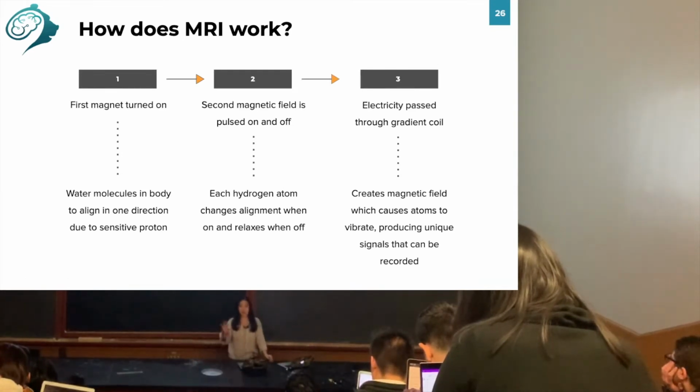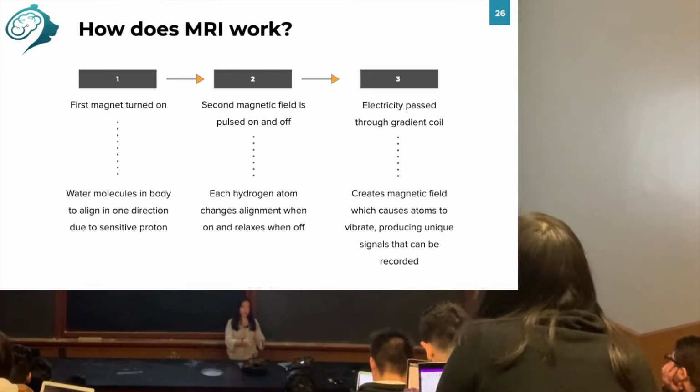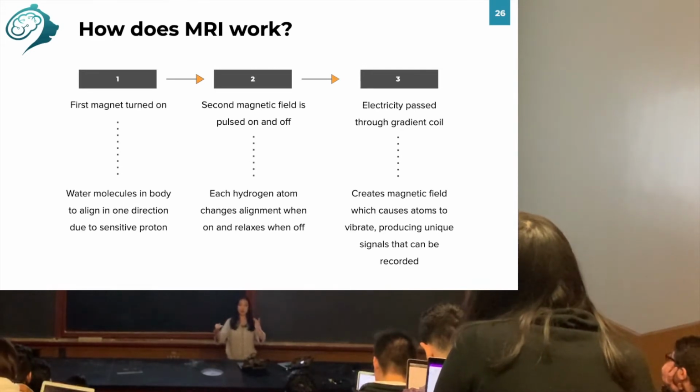So this is a timeline of how MRI works. The first magnet is turned on, which aligns all the water molecules in your body in one direction due to the sensitive proton in that water molecule. Then the second magnetic field is pulsed on and off. When the second field is on, the hydrogen atoms change alignment, and when it's off, they relax back to the state they were in based on the first magnet.